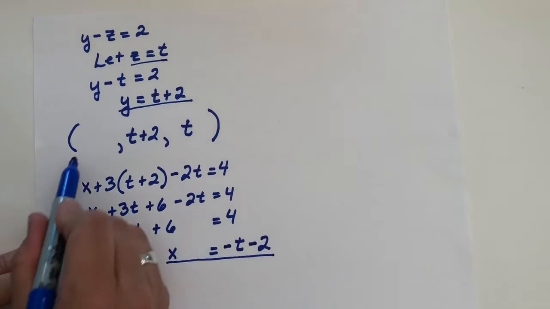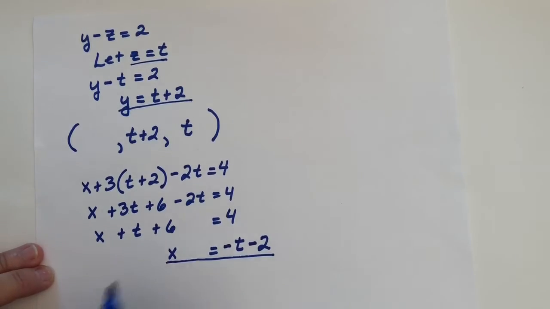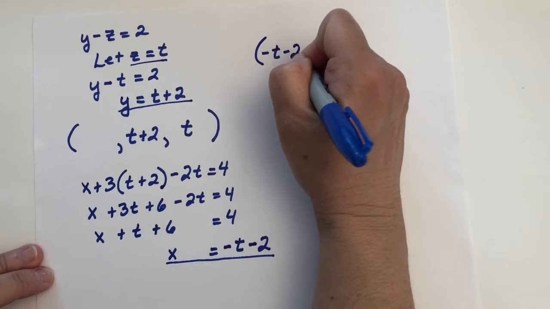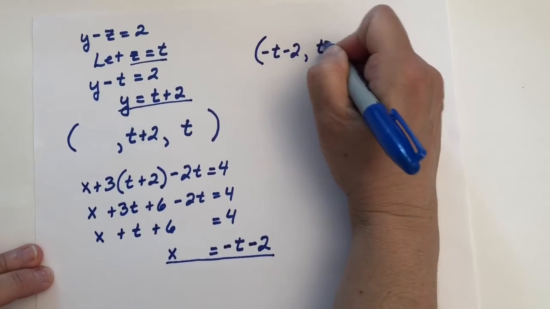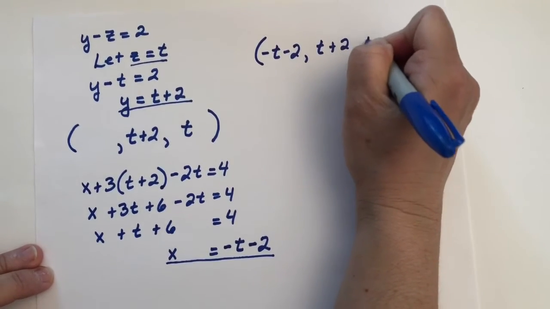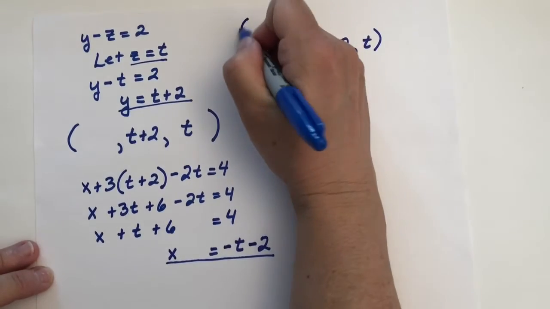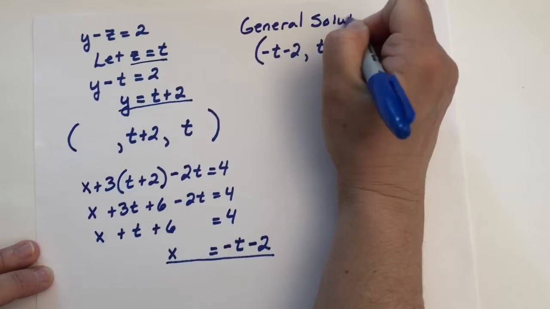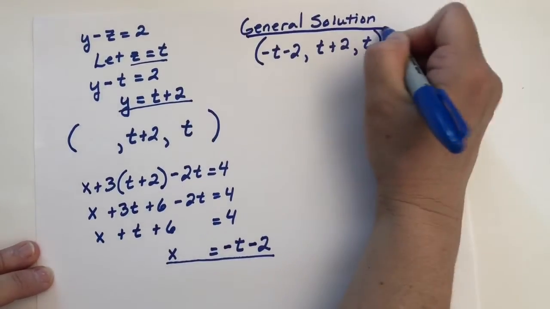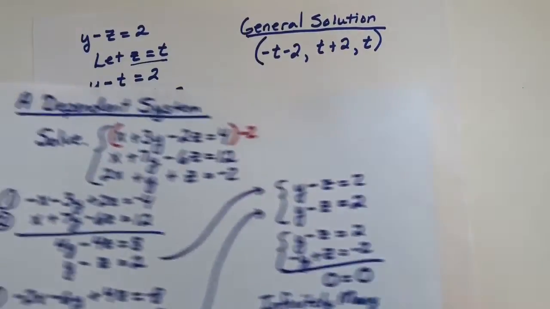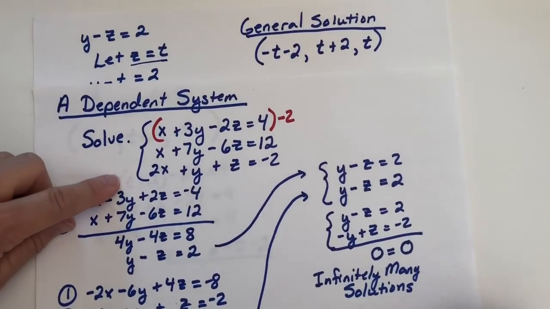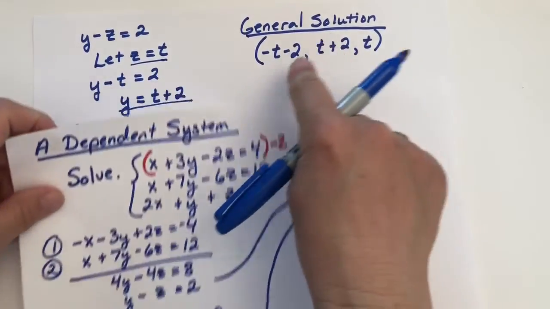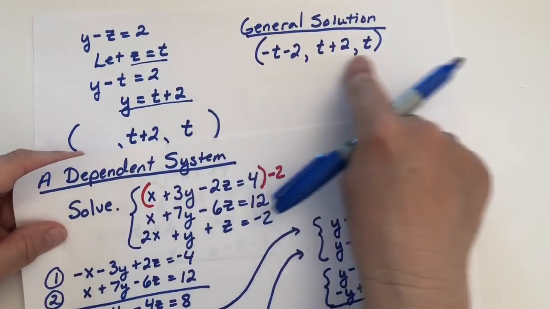So this ordered triple I know now is negative t minus 2, t plus 2, and t. And we have a general solution for this particular system right here. For this system, I know we have an infinite number of solutions, and they all have this form.